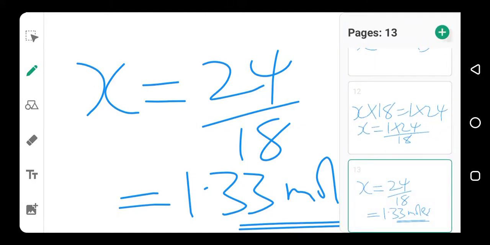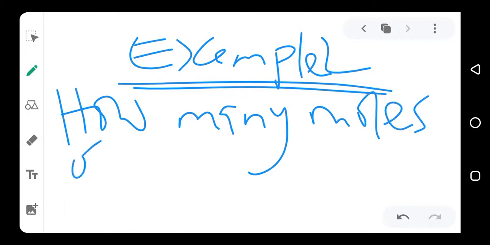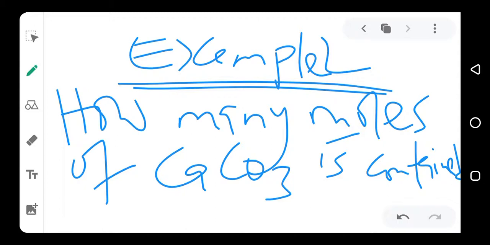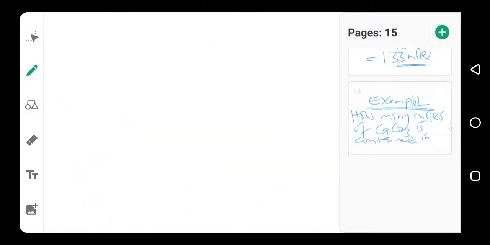Example 2. How many moles of calcium carbonate, which is CaCO3, is contained in 31 gram of calcium carbonate?